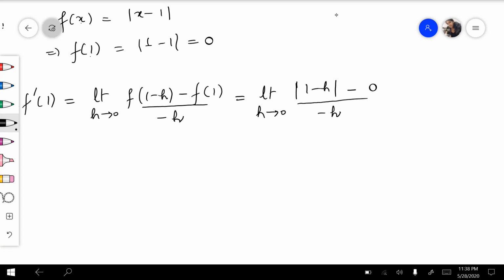So what we have, instead of x we are having 1 minus h, and the definition of f was f of x is equal to modulus of x minus 1.